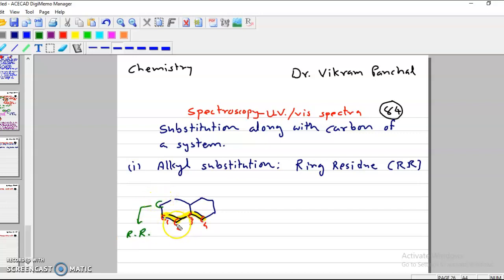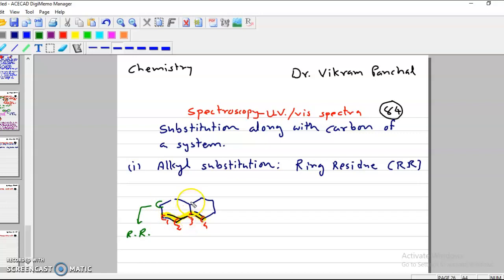Now check C2. C2 is attached to C1 and C3. C1 and C3 are part of the system, therefore we will not consider them as ring residue. Remember, a ring residue should be a carbon attached to a carbon of the system, but it should not be part of the system. Now we take C3.